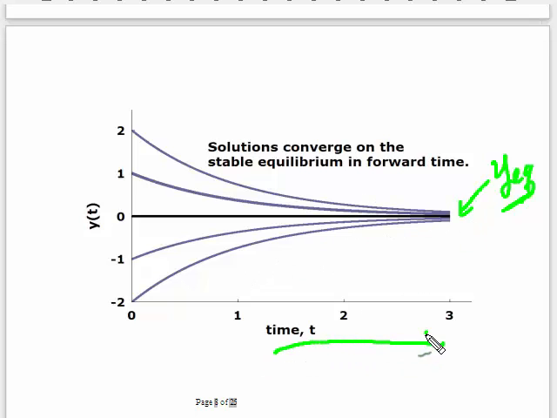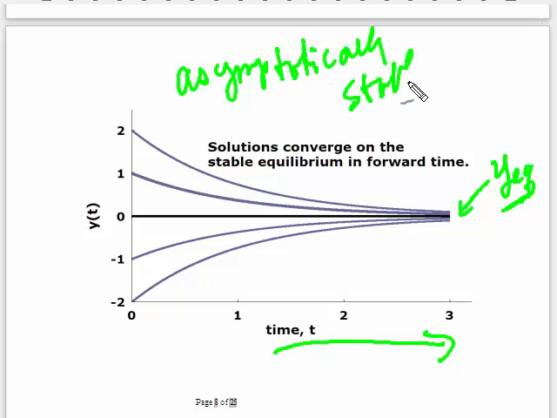That means as time goes on, all these solutions are coming down into it. And of course, this is asymptotically stable. They're never going to reach it, but they're converging on it, and that's fine. It's still considered stable. So this is a stable equilibrium.